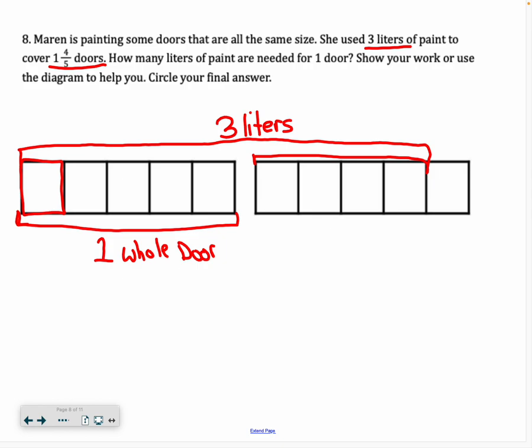If we can find what goes into one of the boxes, into 1/5, then I can figure out my other numbers. So if I count the total amount of fifths that my 3 liters is split into, I have 1, 2, 3, 4, 5, 6, 7, 8, 9. I'm going to erase those slash marks.